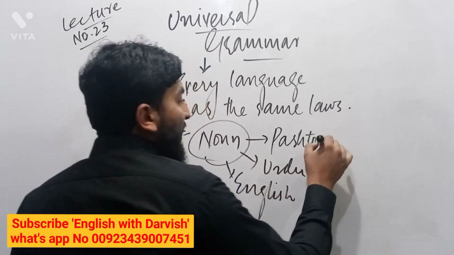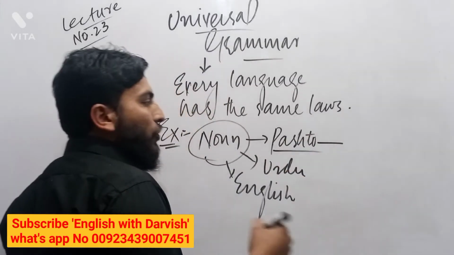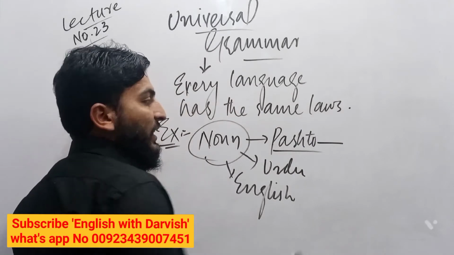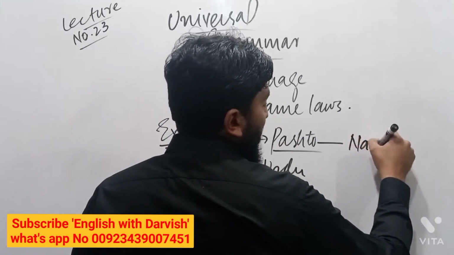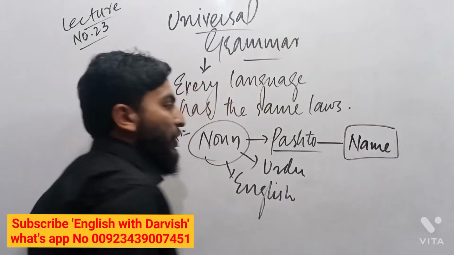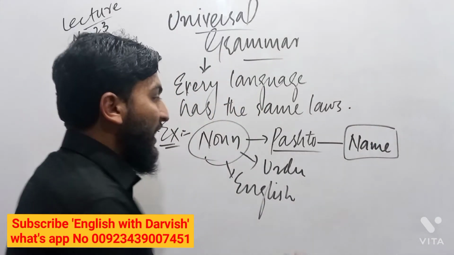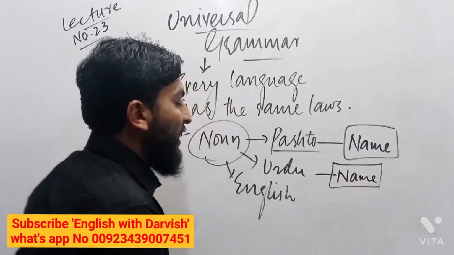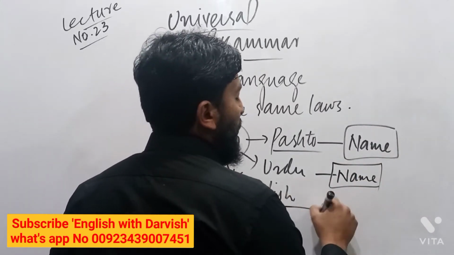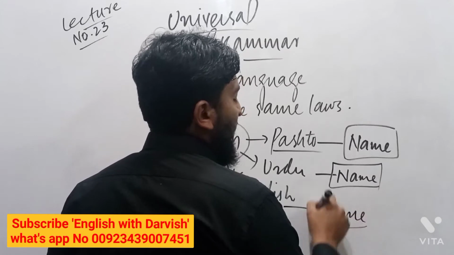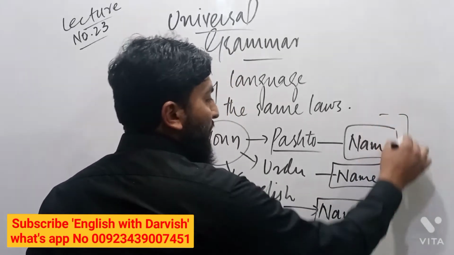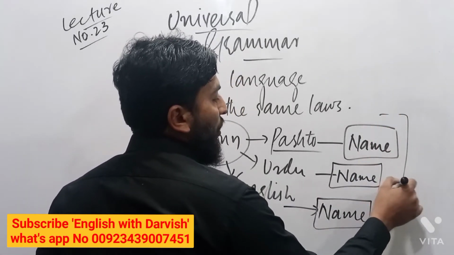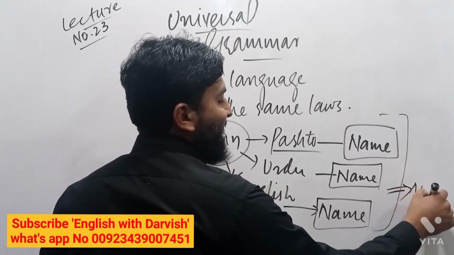I understand that in Pashto we also have nouns. There is a name used by a Pashto speaker in Pashto, there is a name used by an Urdu speaker in Urdu, and there is a name used by an English speaker in English. And all these names, they are called nouns.